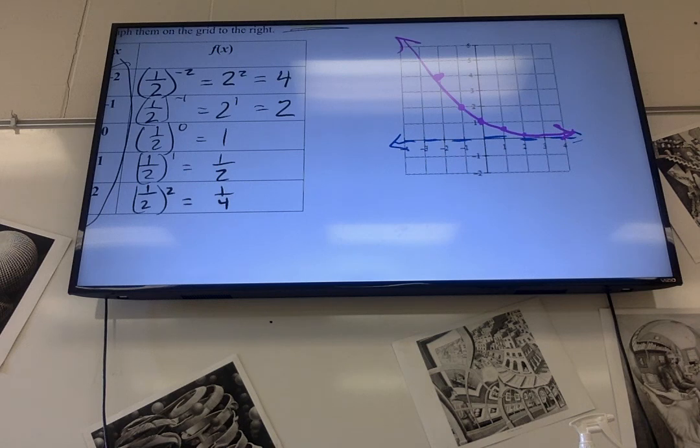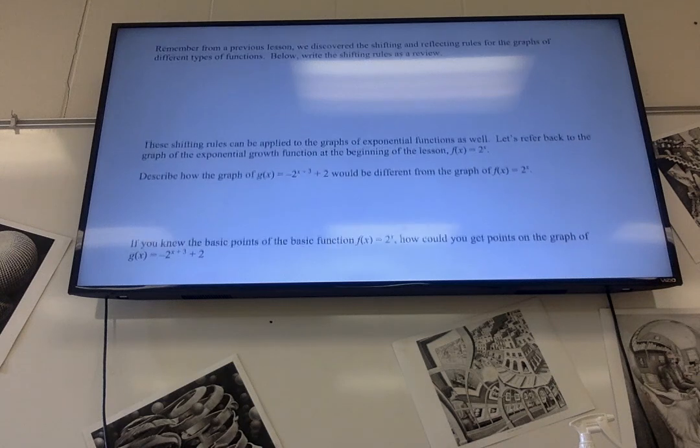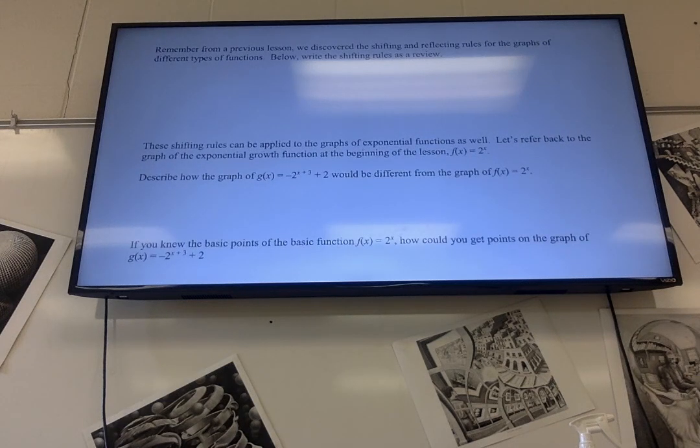Okay, so the next page kind of has a little bit of review from the other sections, which is good. We talked about shifting and reflecting rules for graphs and different types of functions. So we're going to start with this first one here.